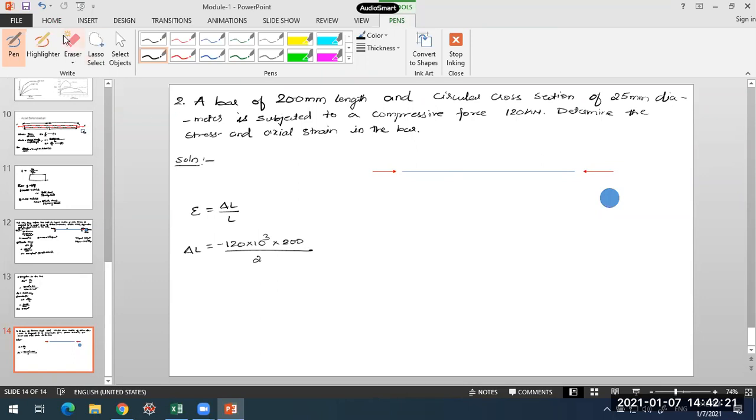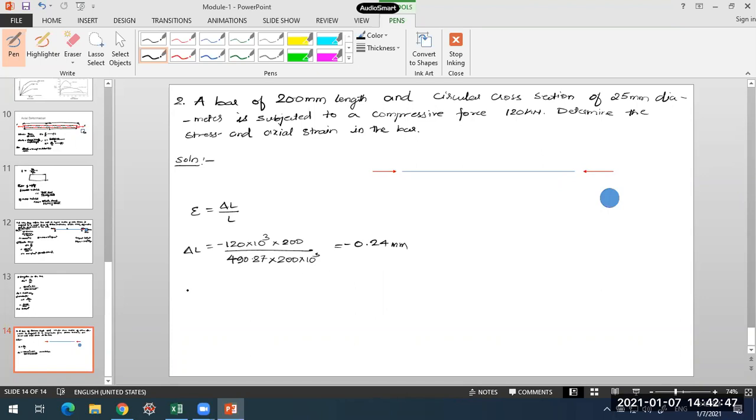You have given me 490.87, into 200 into 10 raised to 3. This is Young's modulus, whereas this 200 is length. So the change in length is 0.24 mm.